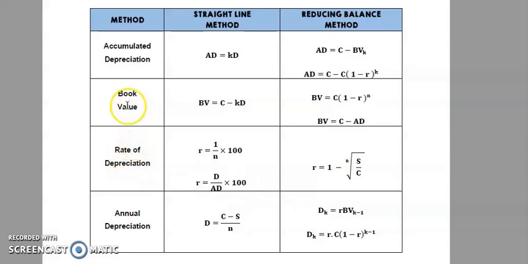Okay, book value. Again, book value is the value of the asset at a particular year, but scrap value or salvage value is the value of the asset at the end of useful life. So recall, if that asset can last for 10 years, salvage value is also equivalent to BV10, book value year 10.